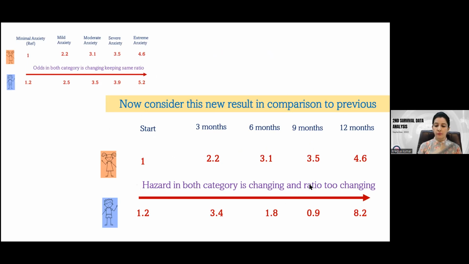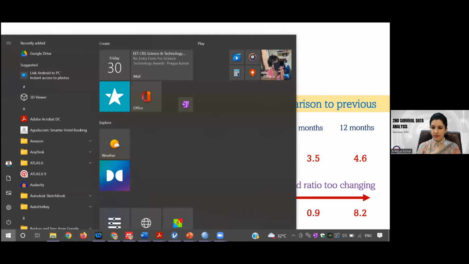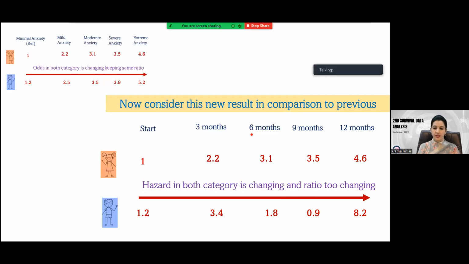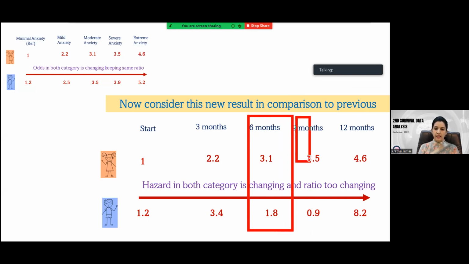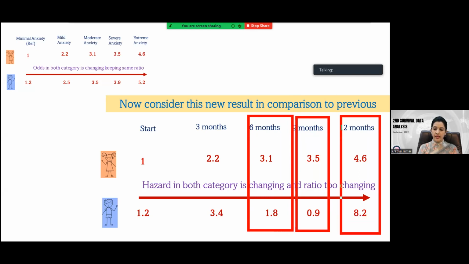It is not 1.2 here. If you see at this time point, it is not the same as 1.2. At 9 months also it is not the same. Here also it is not the same. So what have you seen? That the hazard is also changing and the ratio is also not constant. In that case, what should I do?